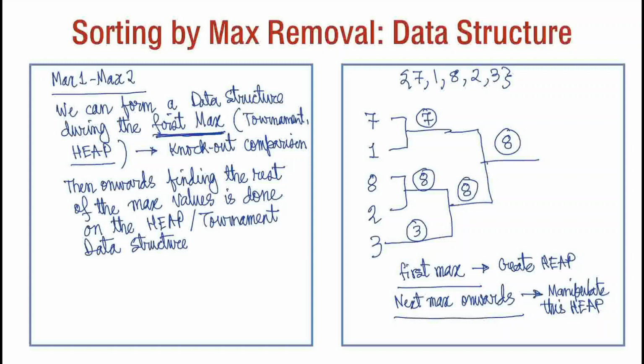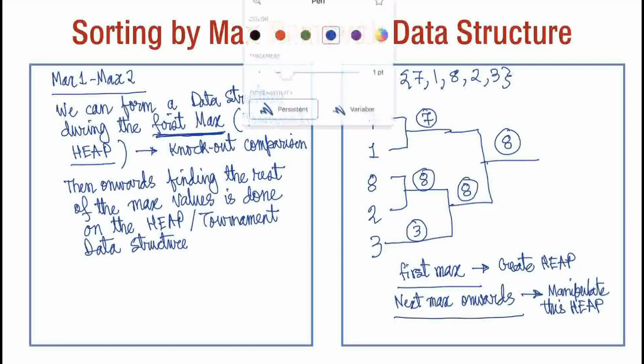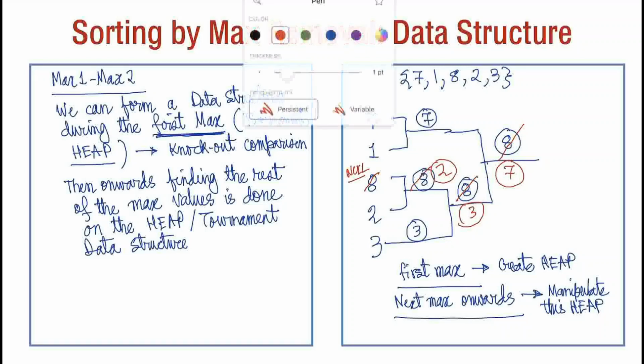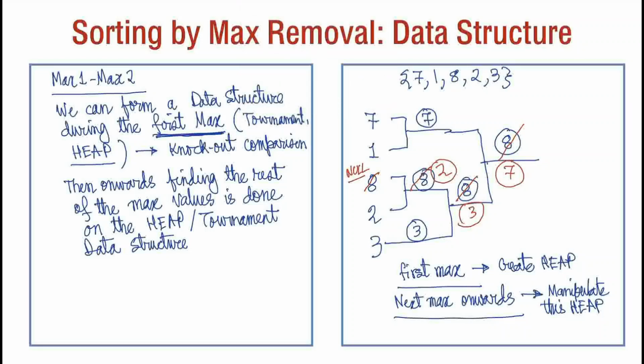And how does it manipulate the heap? As we had said, we will go along the base path and mark this as null, and we will update these values here. This will become 2, this will become 3, and this will become 7, and so on and so forth. Once we do this, then we know that our complexity changes.